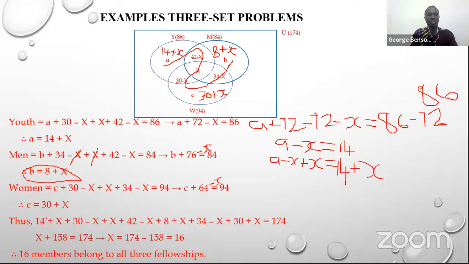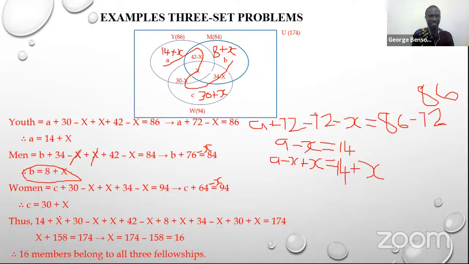So you can see that it's 14 plus x plus 30 minus x plus 42 minus x plus 8 plus x plus 30 minus x plus 30 plus x, which is supposed to be equal to 174. When you've added all the regions together, you cancel the ones that need to be cancelled.